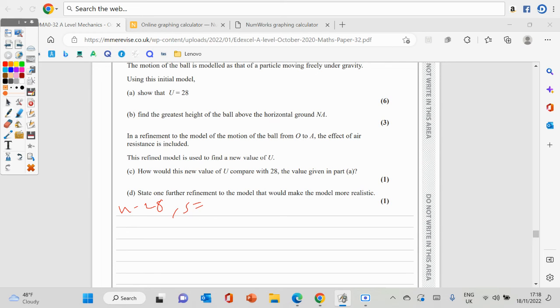Now, the s value, I'm just going to call h because I don't know what the distance is. I know what my v is going to be, and I know my acceleration is minus g.